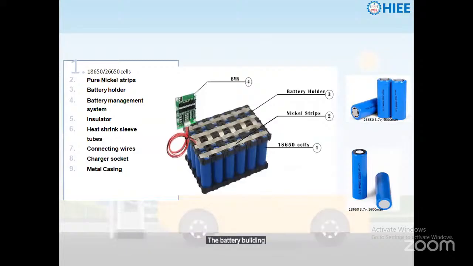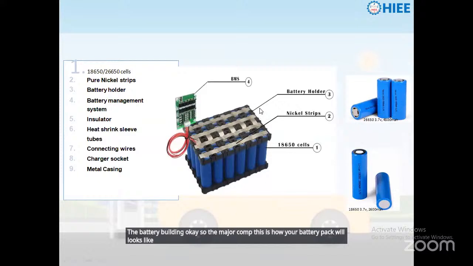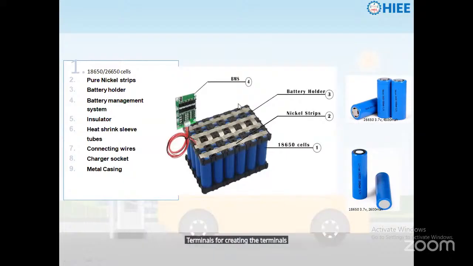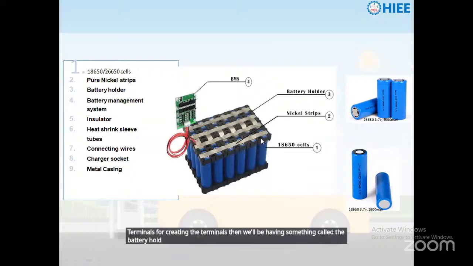This is how your battery pack will look like. The major components you will be having are here. Generally, the cells. Next, the nickel strips for creating the terminals. Then the battery holder to hold the cells. Then the battery management system, which we'll learn about very soon.